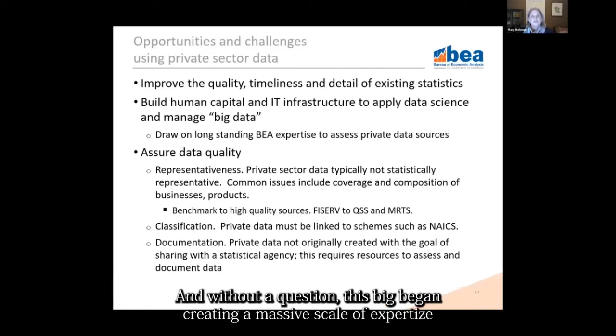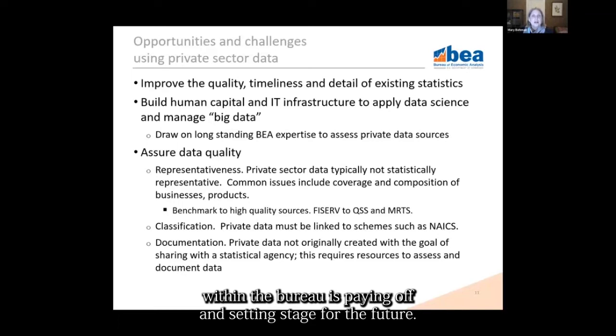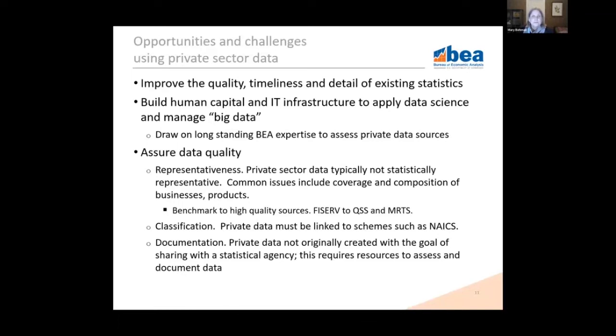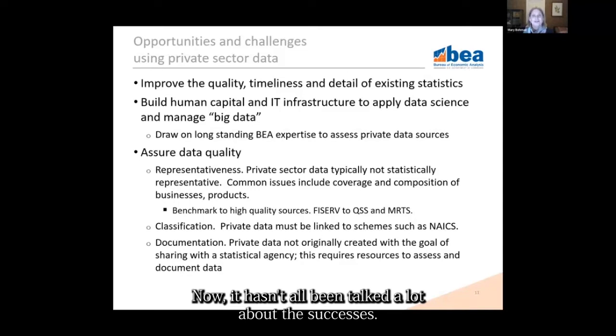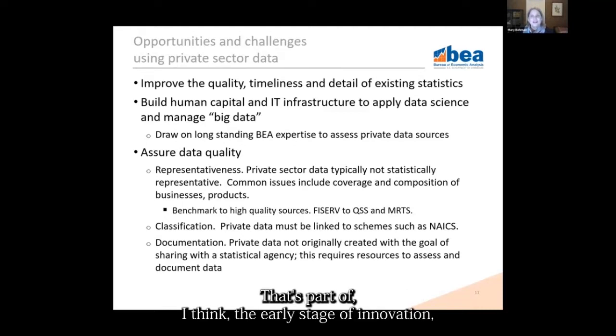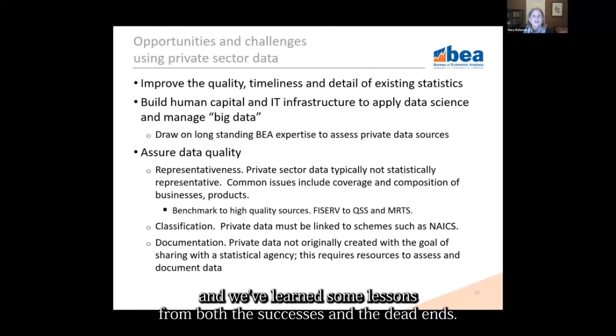And without a question, creating this mass or scale of expertise within the Bureau is paying off and setting the stage for the future. Now, I've talked a lot about the successes. There have been plenty of things we've tried that haven't worked. That's part of, I think, an early stage of innovation. And we've learned some lessons from both the successes and the dead ends.